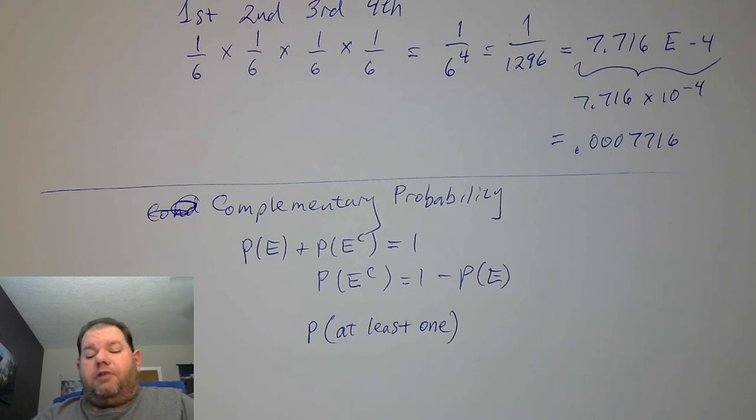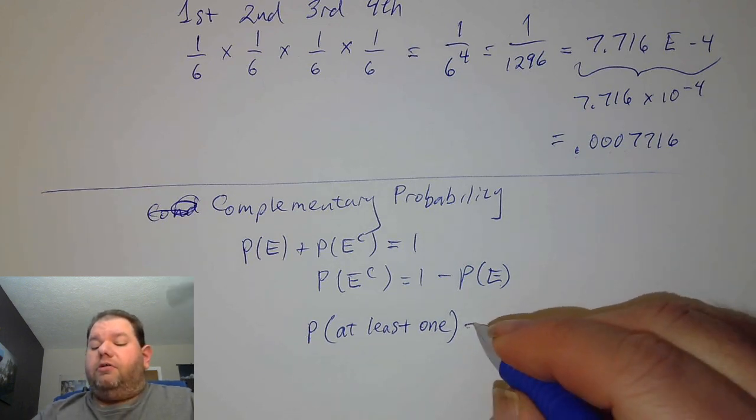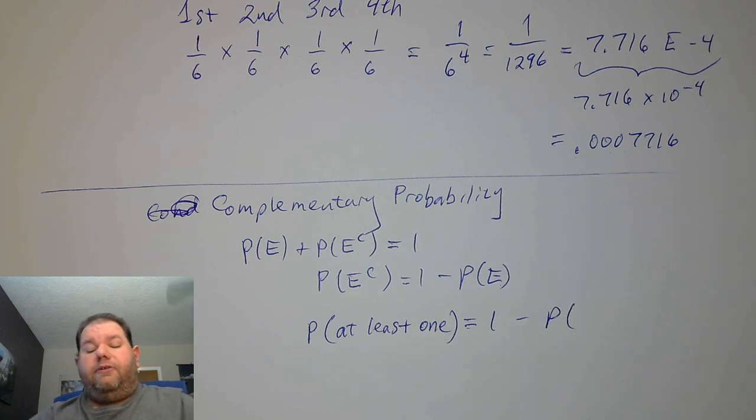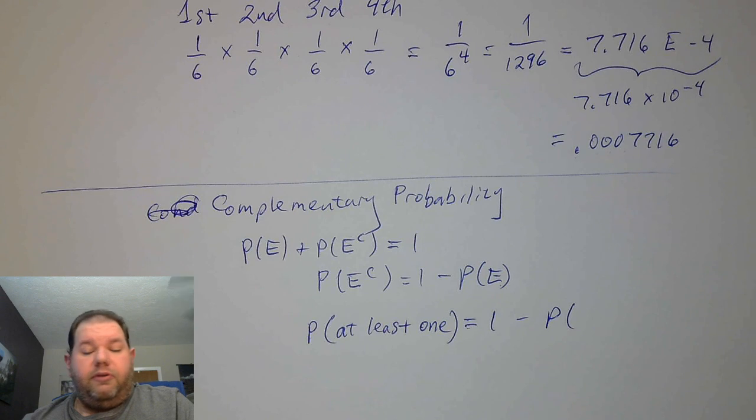But the problem becomes a lot easier with complementary probability, where we think of what is the complement of at least one. What is the opposite of getting at least one of a certain number when we roll the dice? Does anyone have an idea?